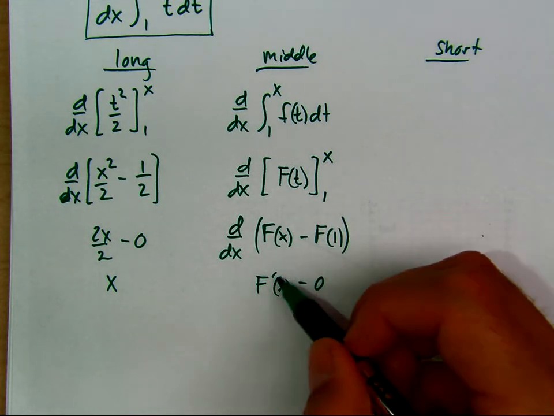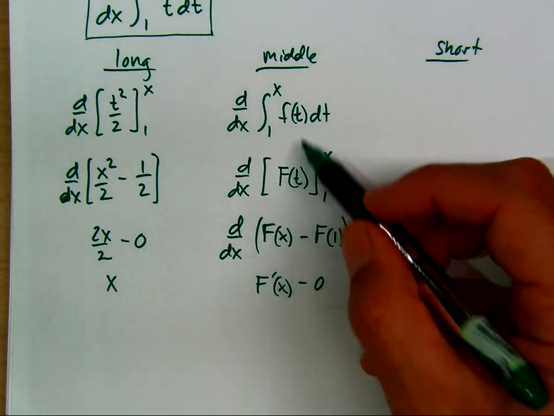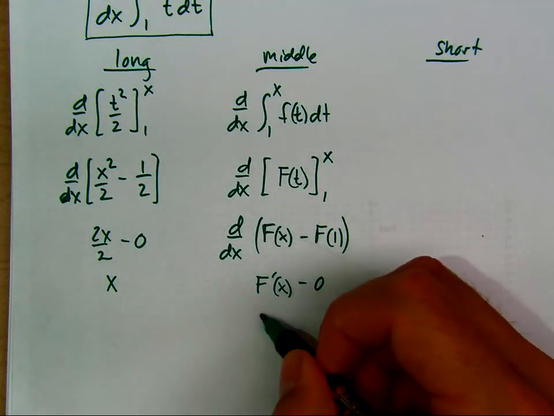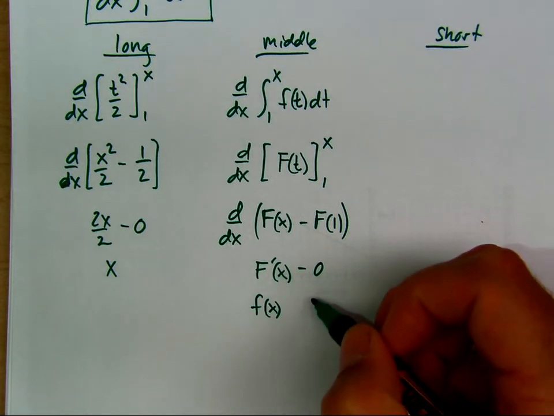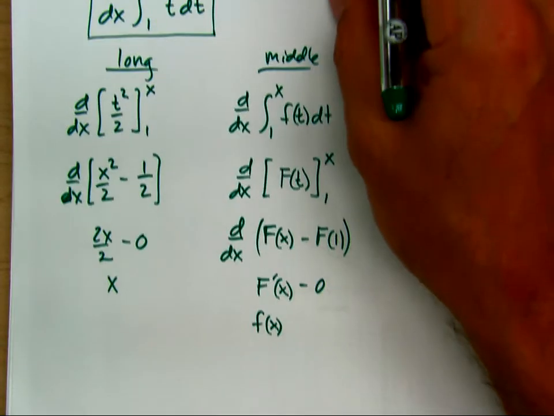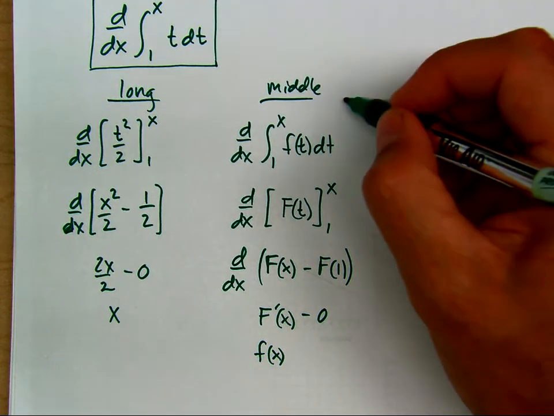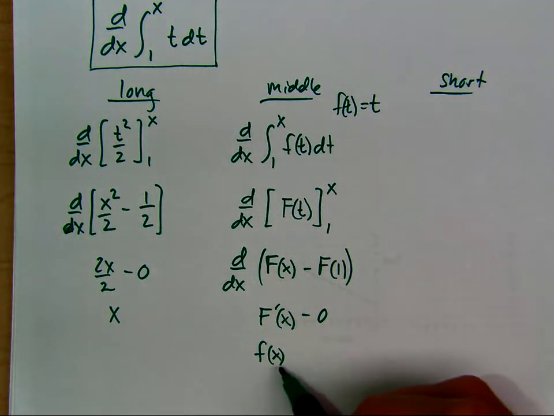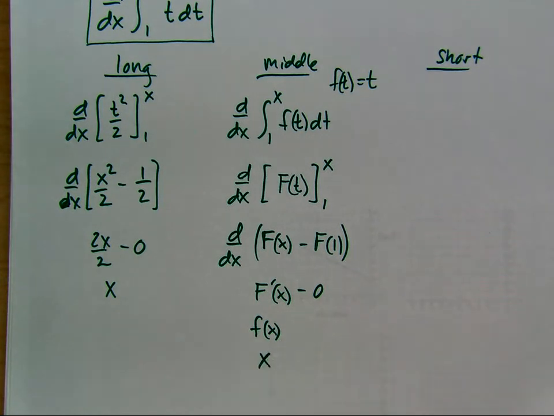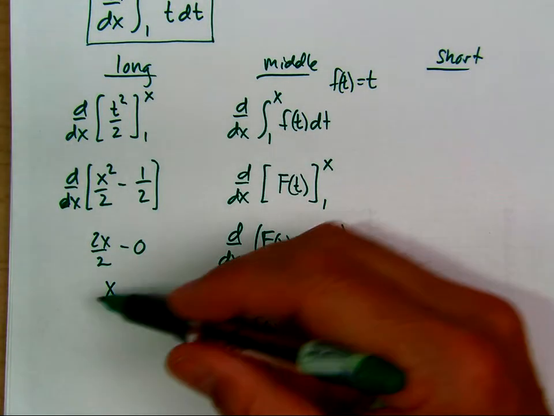And then we can just say that capital F prime, by our definition, is lowercase f. And lowercase f was the original f of t. Let's say f of t equals t. So f of x equals x. And we get the same answer.